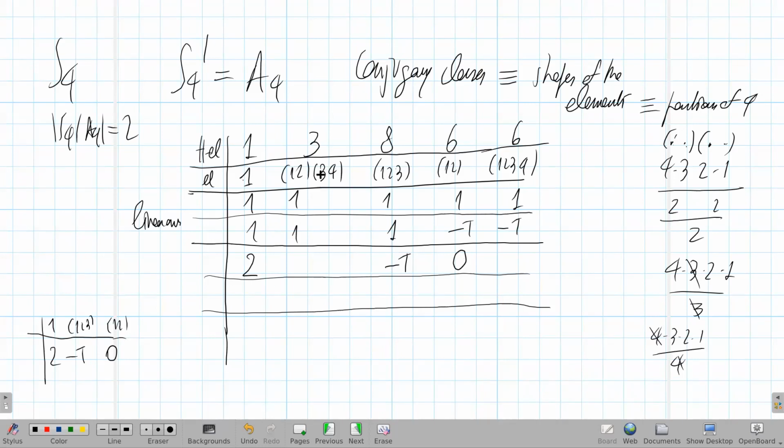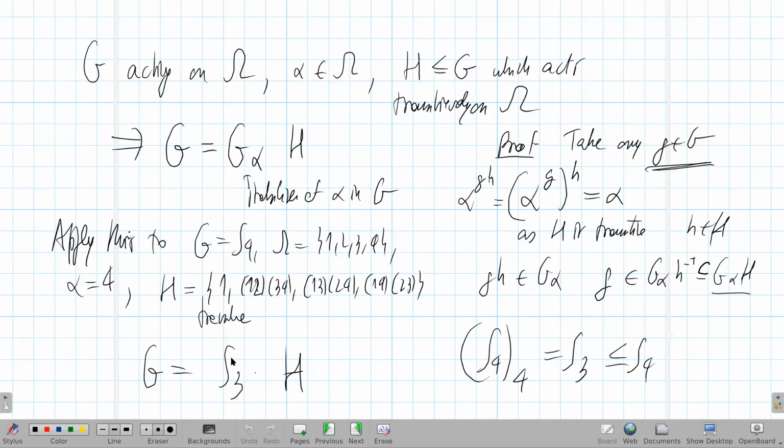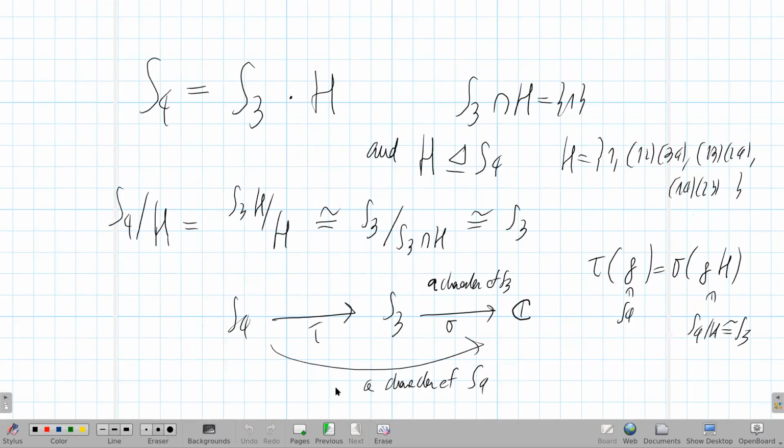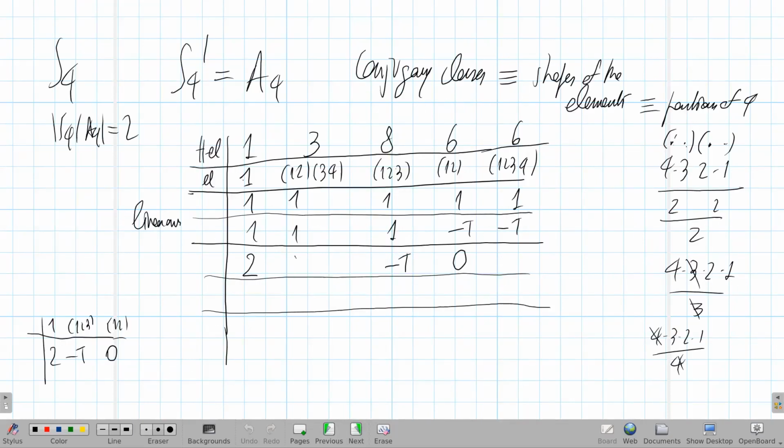This is in the kernel, because S4 over H is isomorphic to S3. So this is in the kernel, so the value is the same value as 1. And this element is not in the kernel because this is odd, whereas all these elements are even.